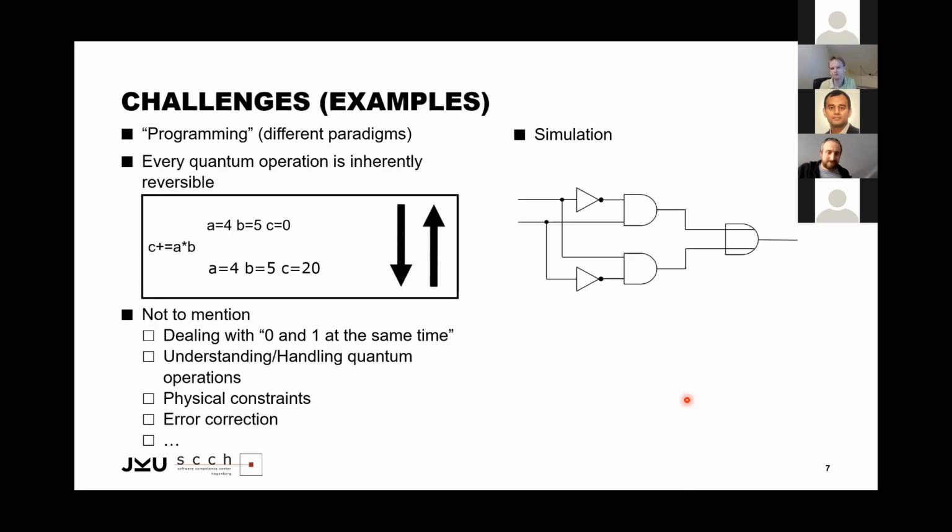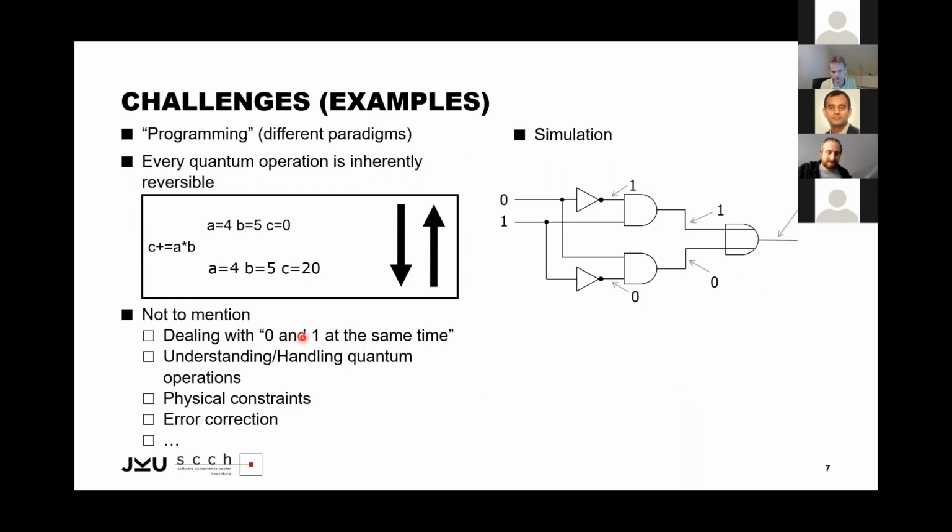Simulation in the conventional realm is actually rather easy. You have a circuit like that, you have an input assignment, and then you simply simulate the corresponding signal values as shown here. In the quantum realm, even some presumably simple tasks such as simulation suddenly become more complex, because in quantum computing you don't work with Boolean values anymore.